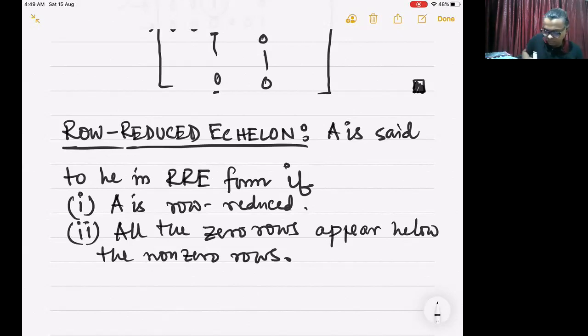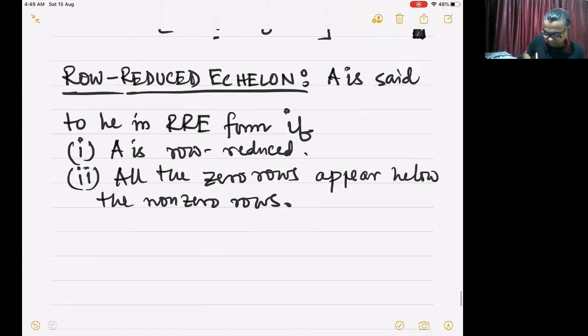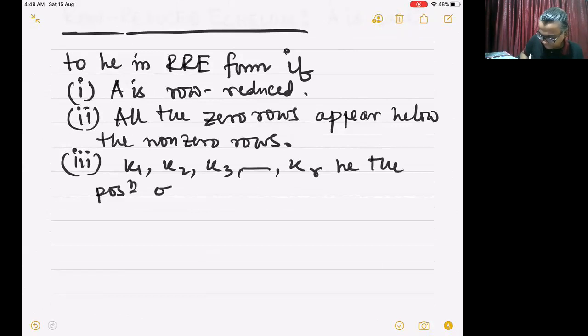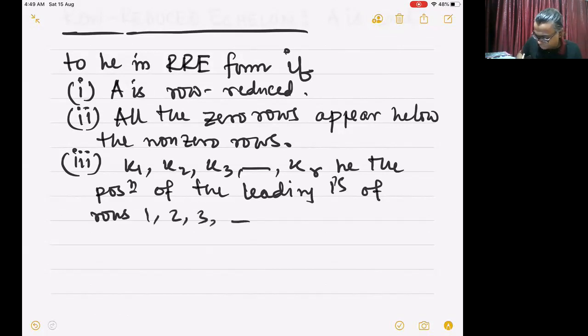Then number 3: let K1, K2, K3, up to KR be the positions of the leading ones of rows 1, 2, 3, up to R respectively.